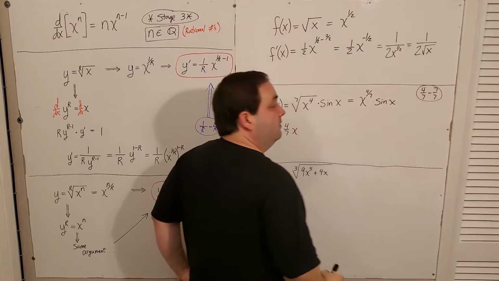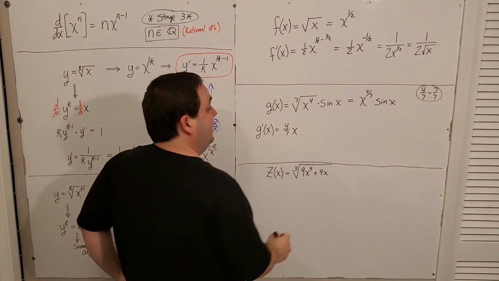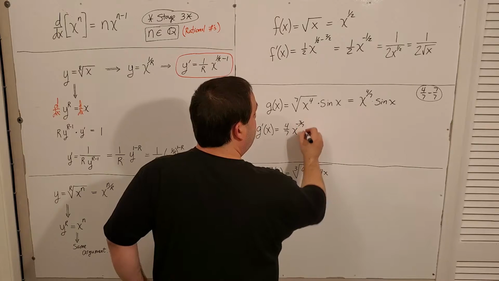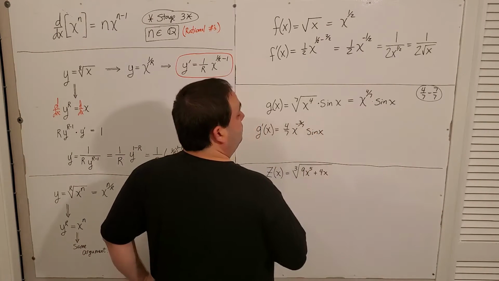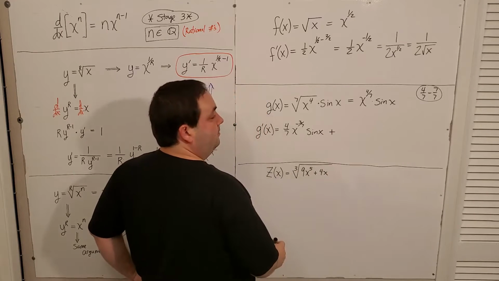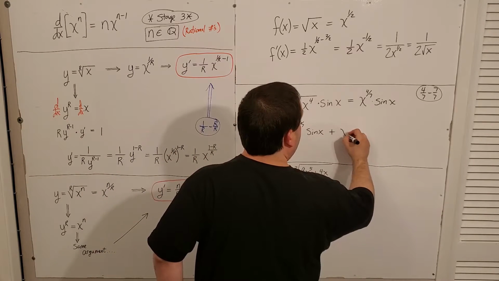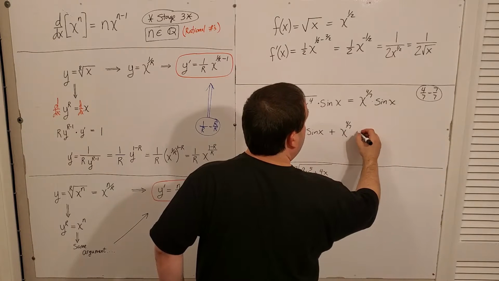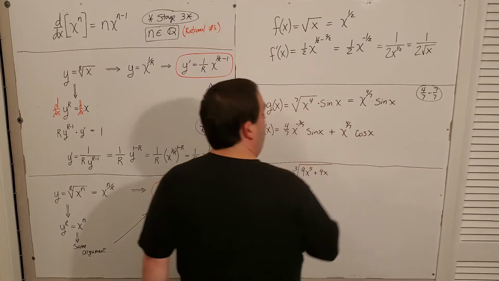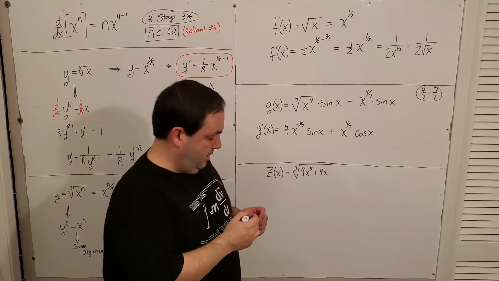Right? That's what I'm going to be doing. So that gives me negative 3/7. And then I leave the sine x alone. Plus, leave x to the 4/7 alone, times derivative of sine x is cosine x. Okay?